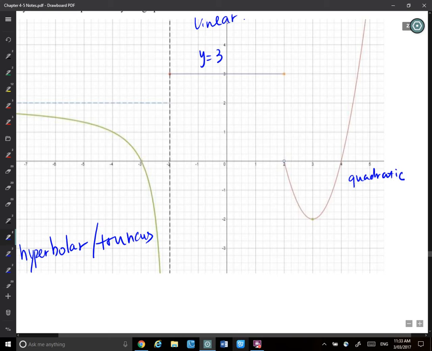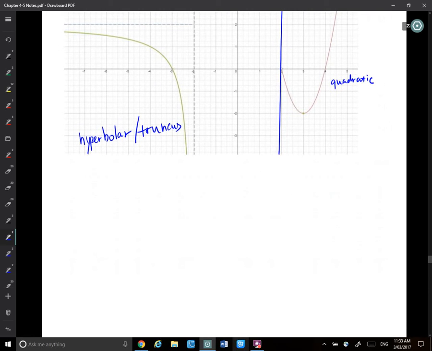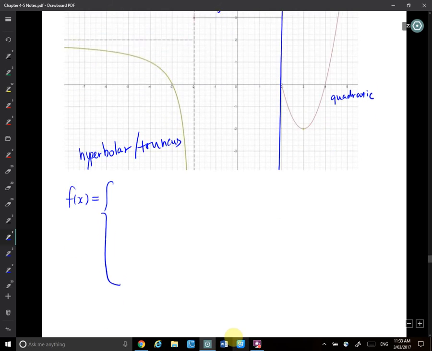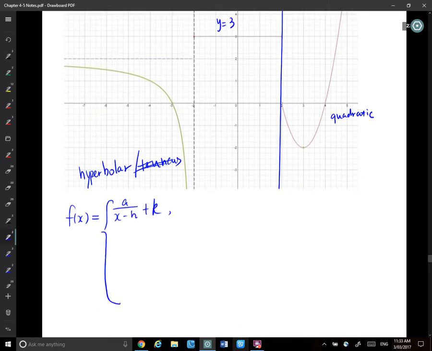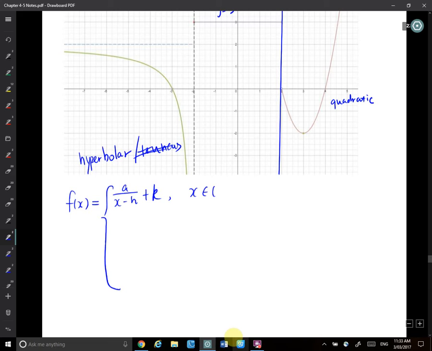And let's see. We have another line separating the graph from here. So if I say f(x) equals, let's say that's a hyperbola. We are not going to try truncus. So we have the first equation like that with x belonging to negative infinity to negative 2, but not including negative 2. I can't take negative 2 on this equation.